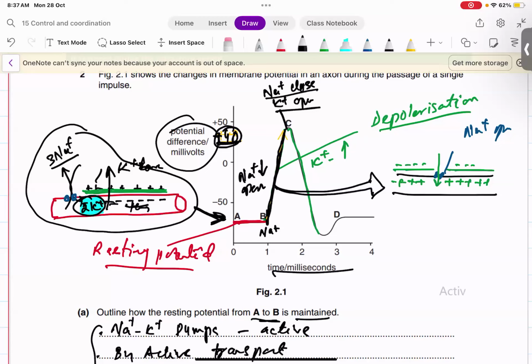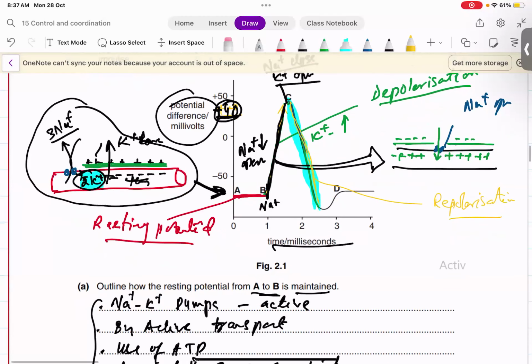So inside becomes negatively charged again, and this returns back to minus 70. So this is known as repolarization.